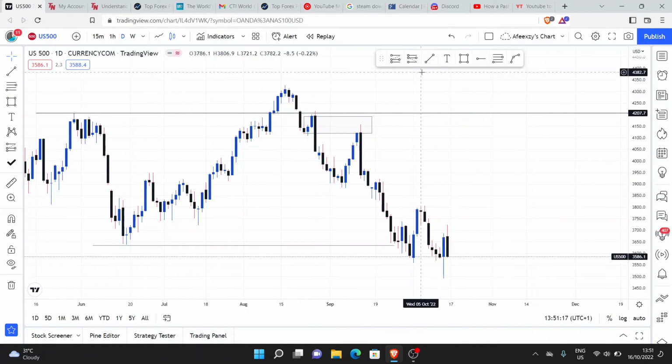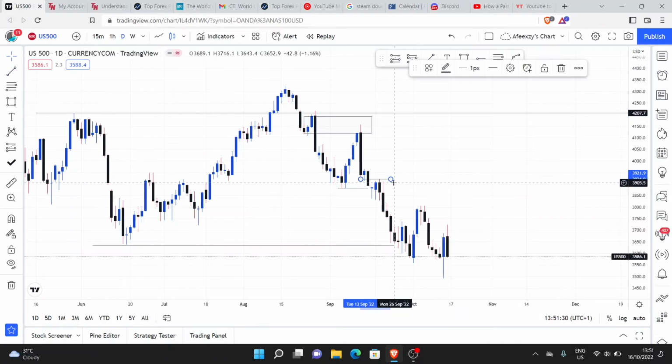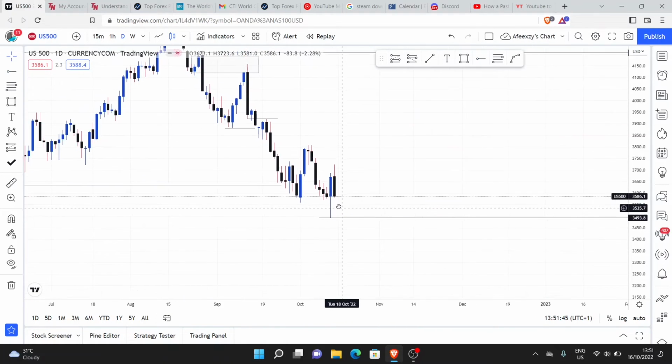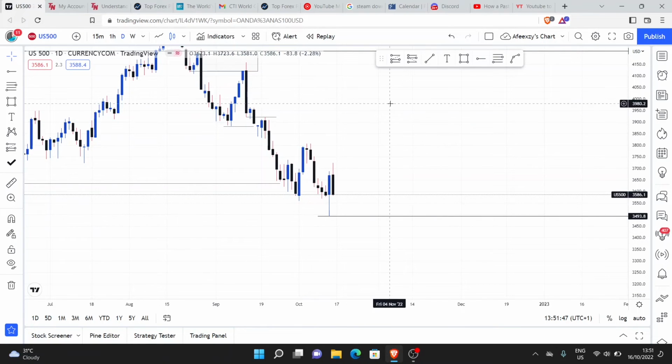So then it cleared these lows here. Here is an OB as well. Flush down lower, and now we might see another continuation low on this pair, maybe to attack this overall low.